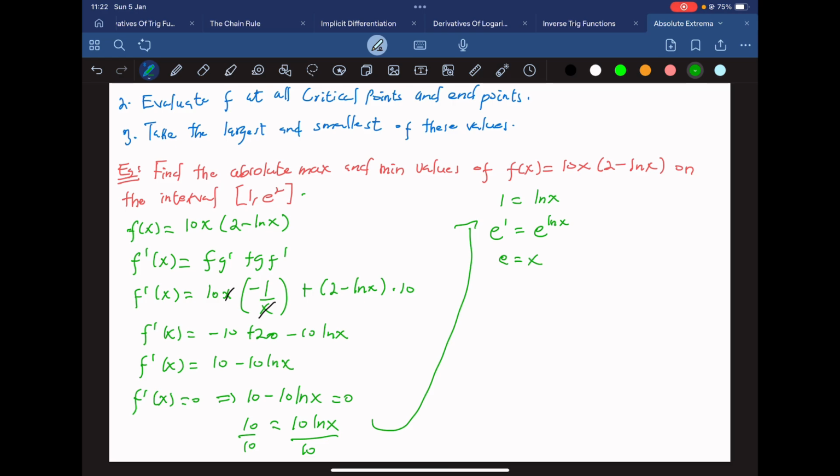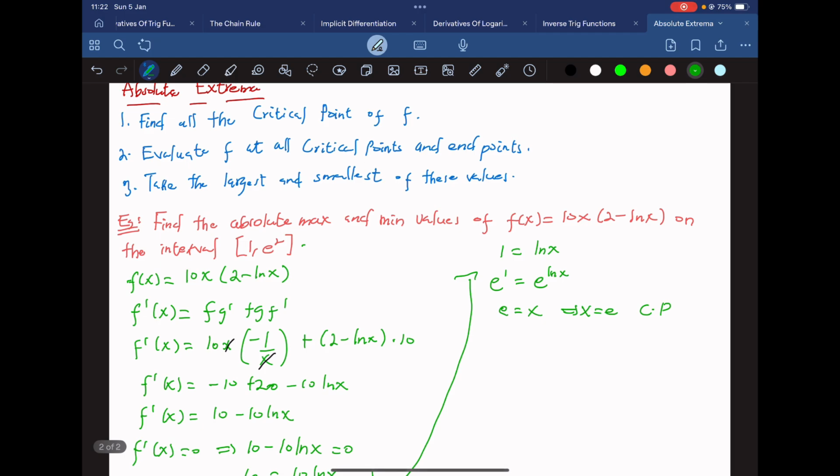So our critical point is x equal to e. This is the only critical point we have. So we've been able to find the critical point.